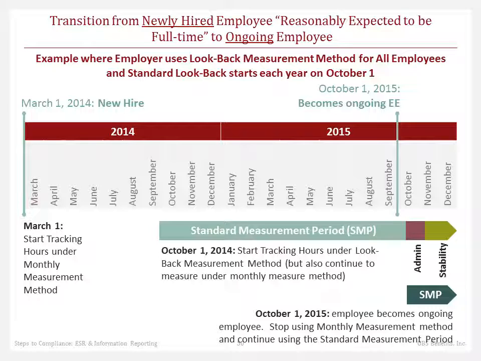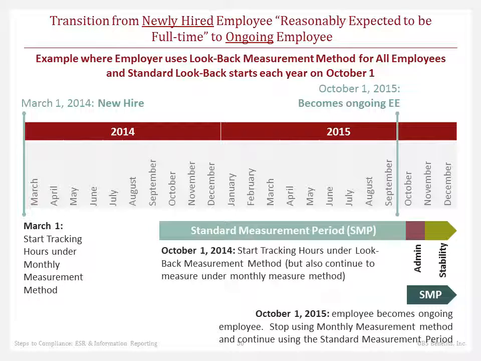So this new hire was hired March 1st, 2014. So from March of 2014, April, May, June, July, August, and September, you are only tracking using the monthly measurement method. As soon as you hit October 1, this particular employer's standard measurement period starts.